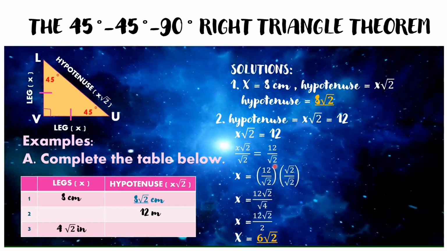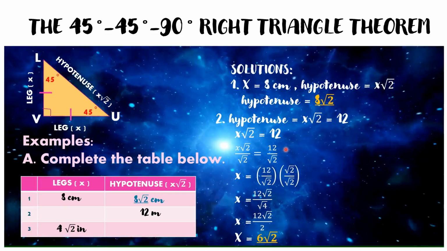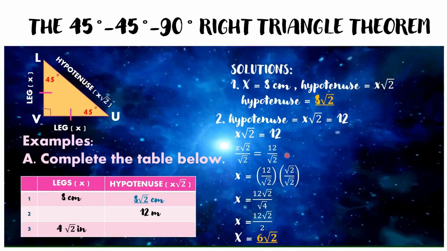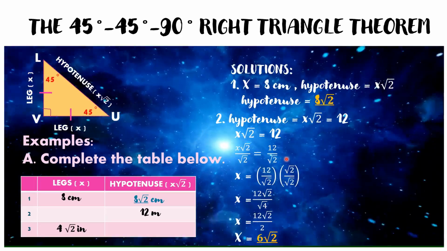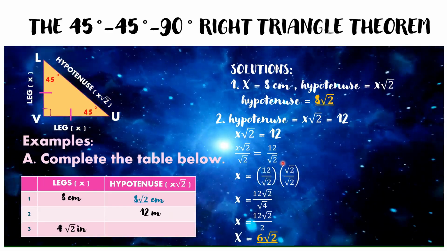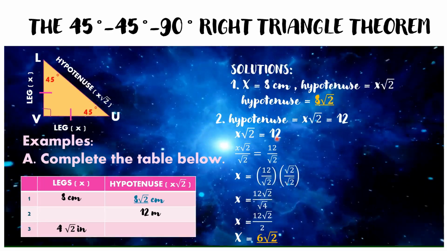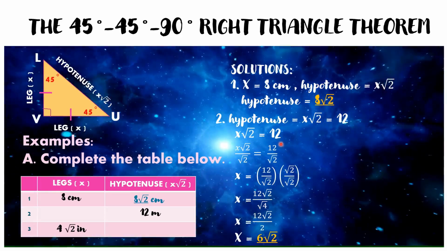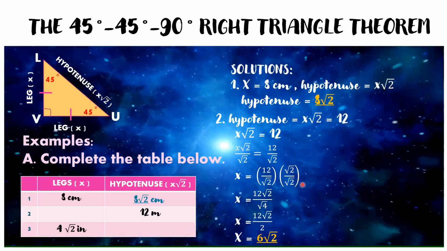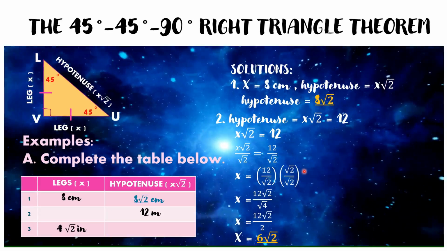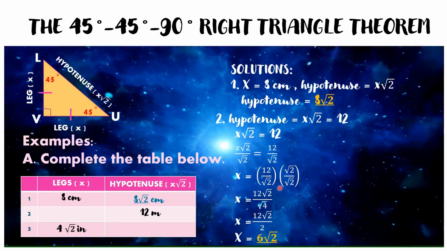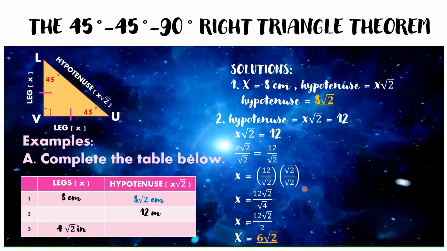So, x square root of 2 divided by square root of 2 is equal to x. Here, since we cannot divide 12 by square root of 2, and we are not allowed to have a radical in the denominator, we need to rationalize it. To rationalize, we multiply 12 over square root of 2 by square root of 2 over square root of 2.